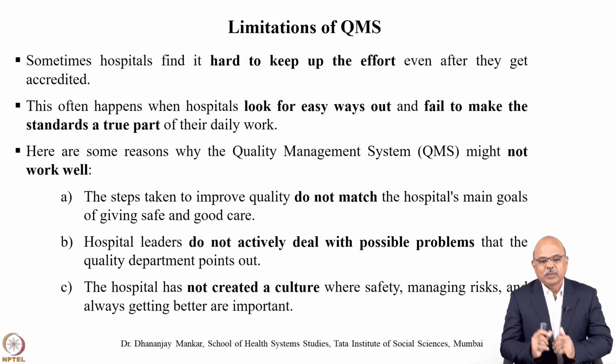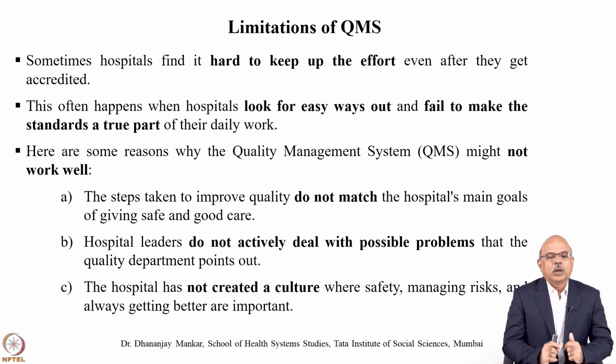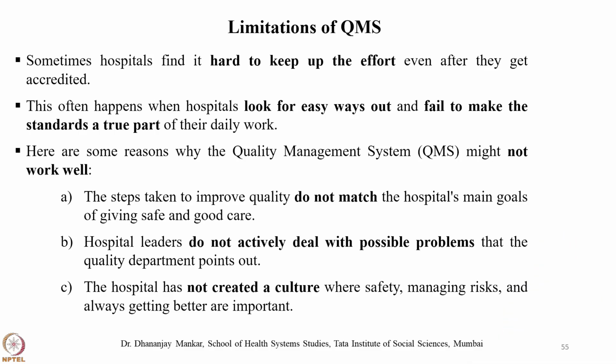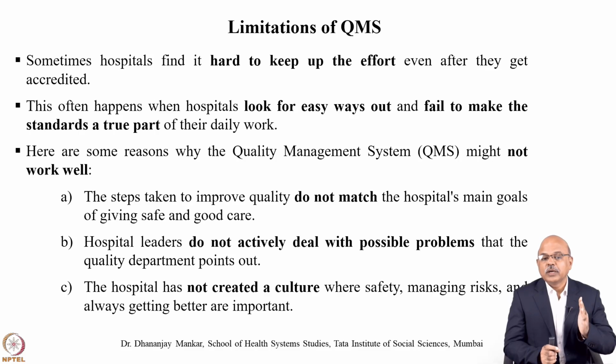The quality department is saying something and the team is working on some other thing, and the hospital employees are not effectively dealing with the challenges that the team has put up. The hospital has not created a culture where safety, managing risk, and always getting better are important. I need to emphasize that the hospital needs to create a culture among the employees for patient safety. There is a well established philosophy of quality.